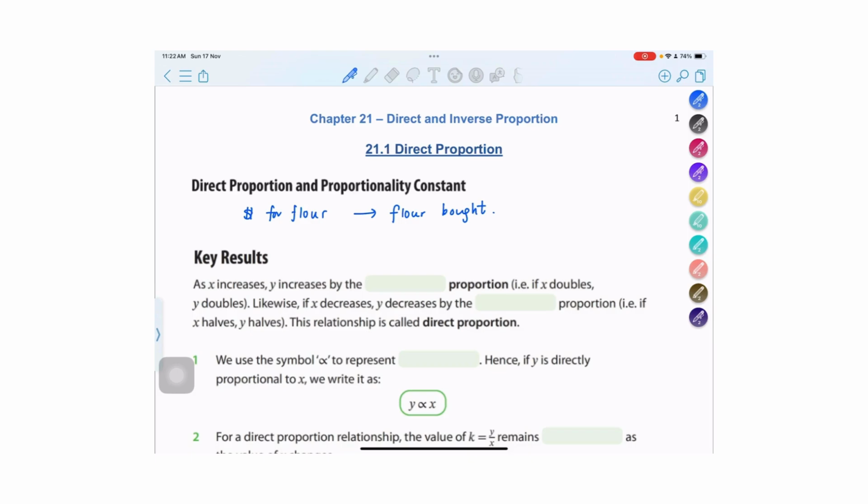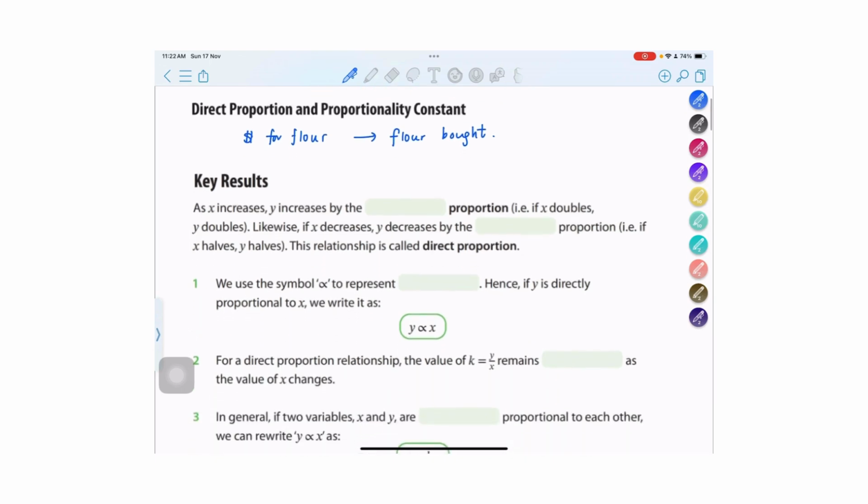Today we're going to learn the relationship in mathematical terms and find the value of one quantity based on the relationship. First of all, we look at the key result.